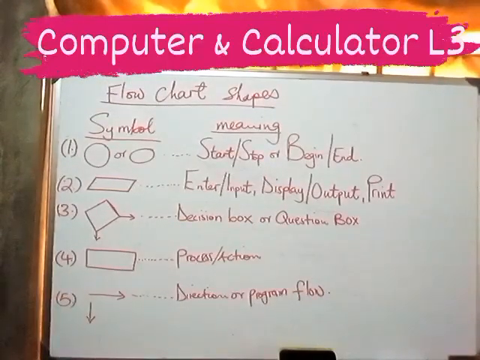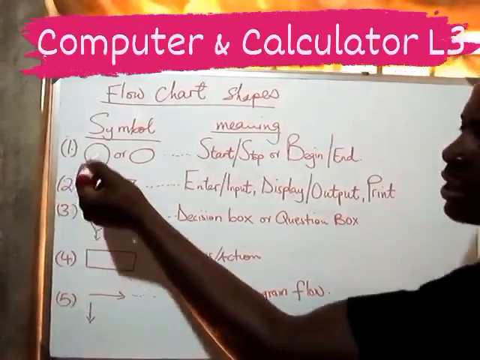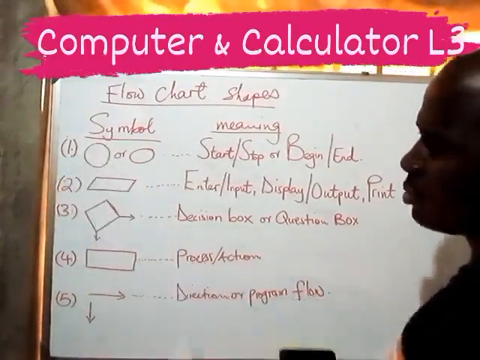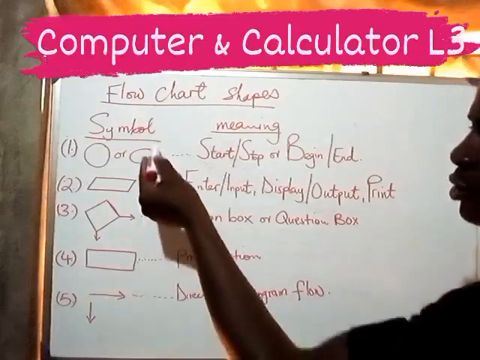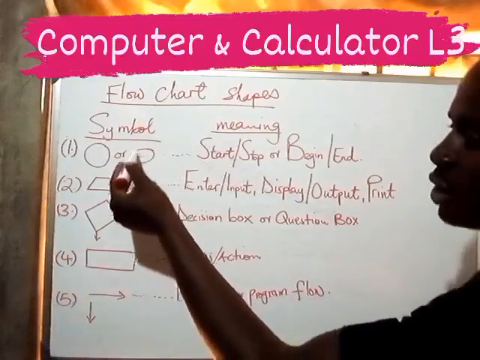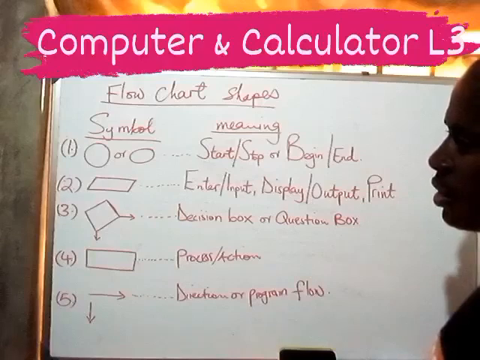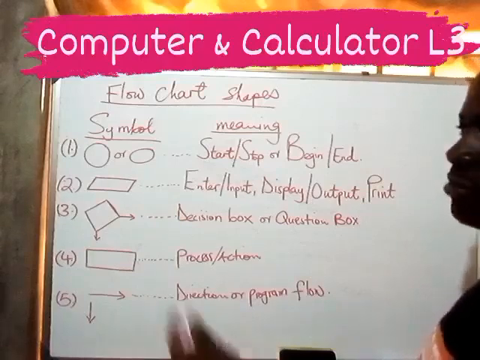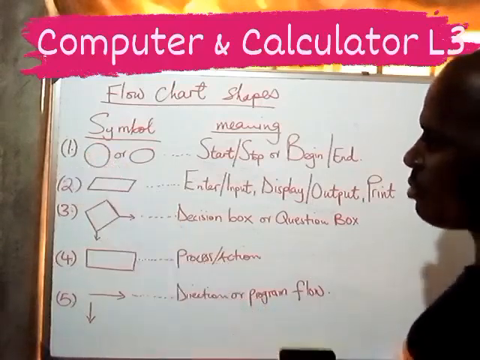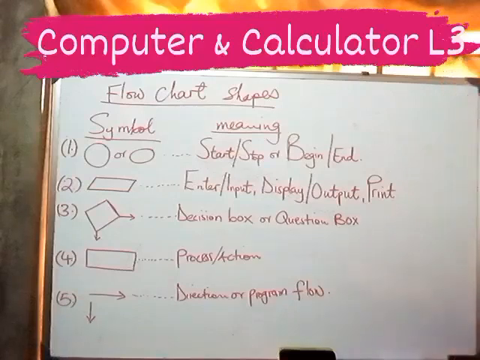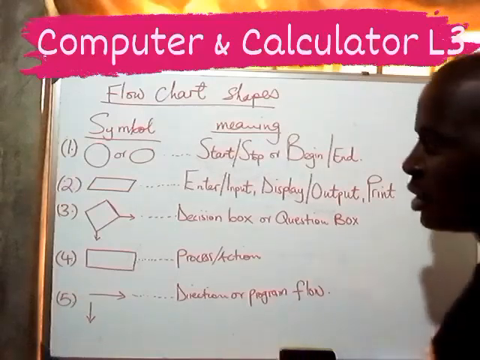So flowchart shapes, we have a shape, or rather a symbol, which is more like a circle. We also have another one which looks like this. The meaning of this symbol number one is that it means the start.